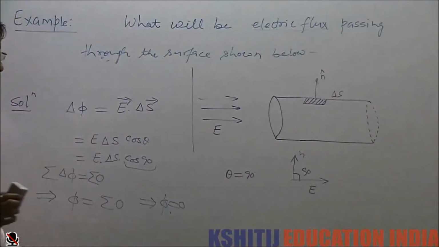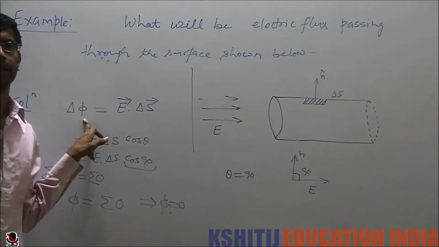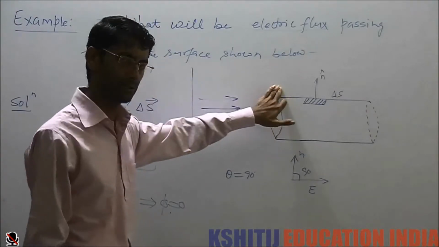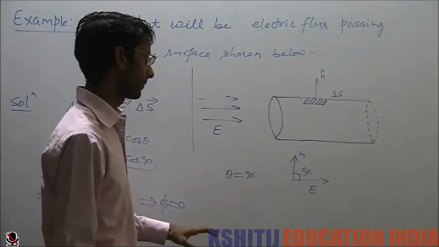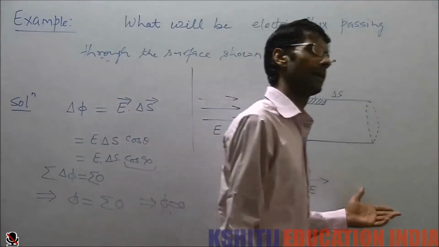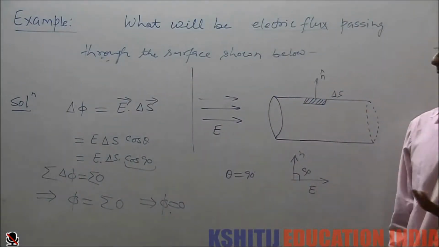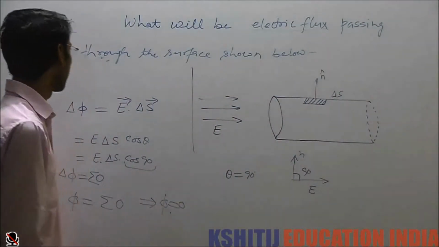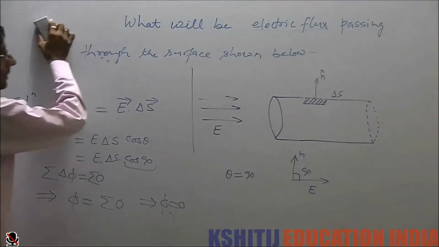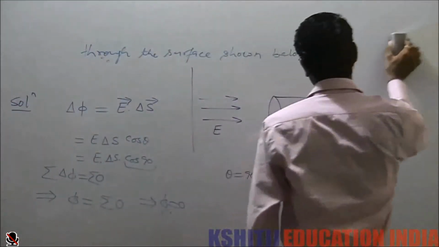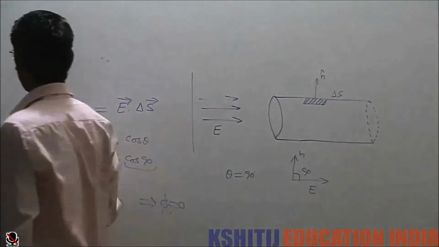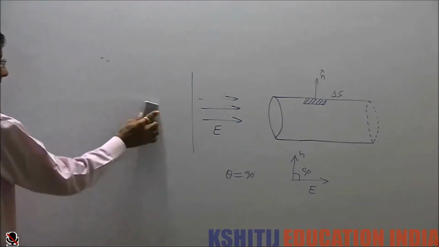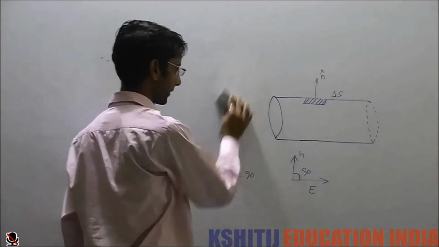So based on the same relation, we are able to talk about electric flux passing through the surface of a cylinder. We have talked about electric flux passing through a sphere and also a flat surface, let's say a plate. Now, after doing all this, let's talk about one important parameter which will pave the way for discussion about Gauss theorem related to electric flux.